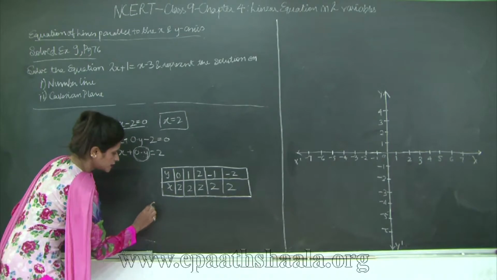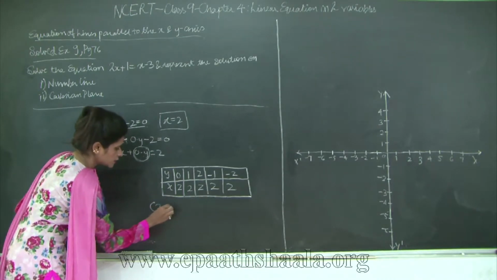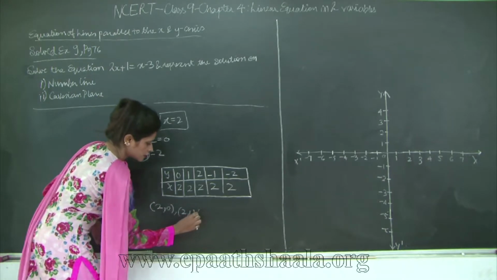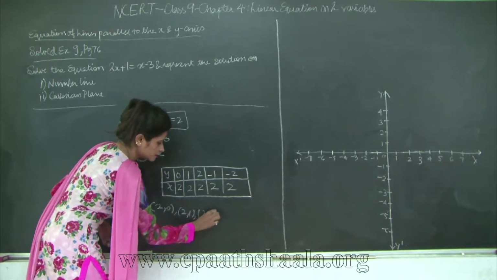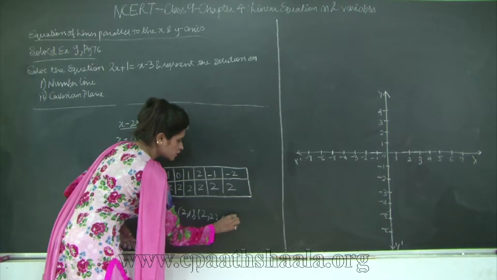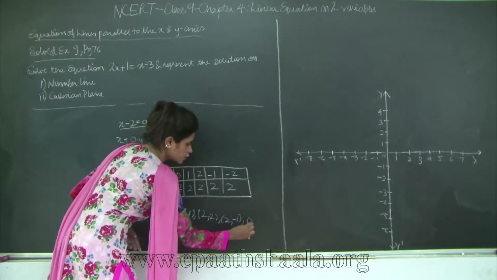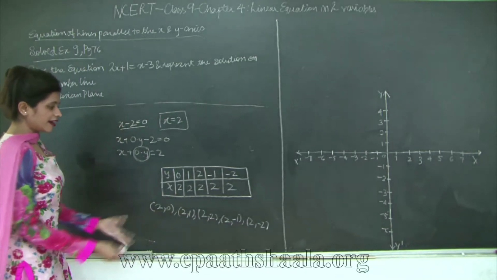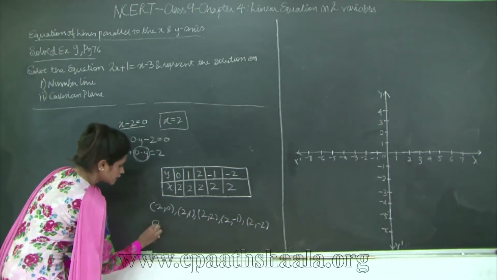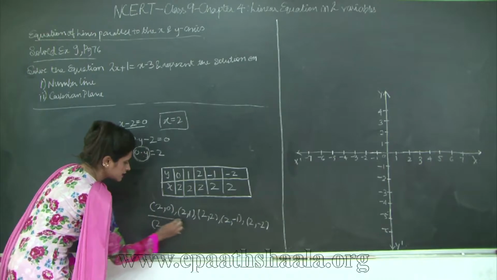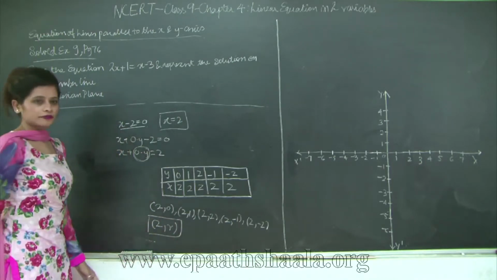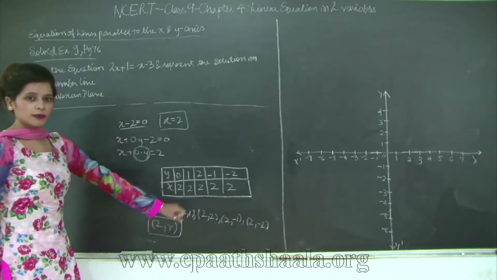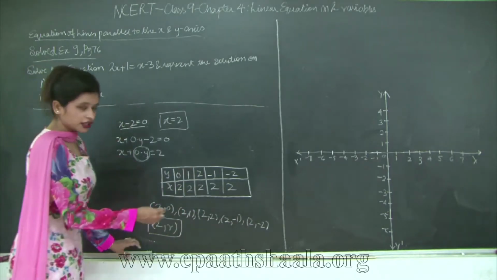So the coordinates here are 2, 0, 2, 1, 2, 2, 2, minus 1, 2, minus 2. So for any value of y, let's say r, our coordinate is going to be of this form. I do not really need these coordinates to draw the equation of my line.